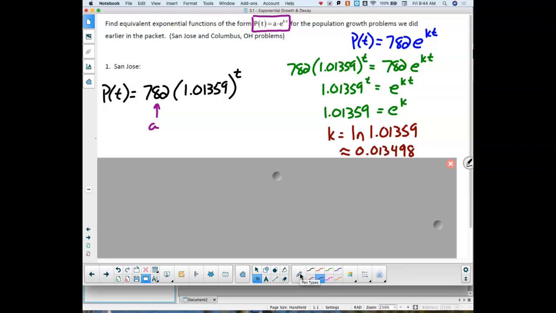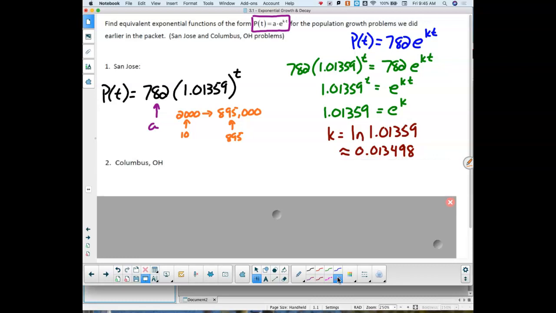Okay. Now, if those two were equivalent, way back in that other problem that we did earlier this week, we said that in the year 2000, the population was 895,000. Right? But then we also said that this was year 10, because we made 1990 be 0. And we said that this was 895.